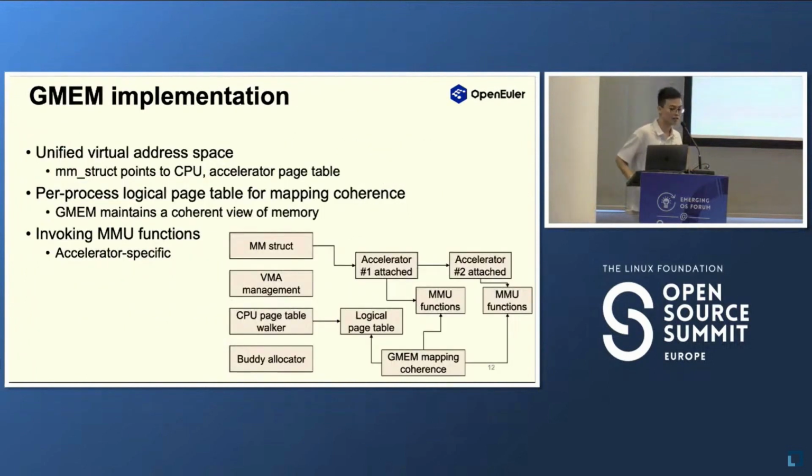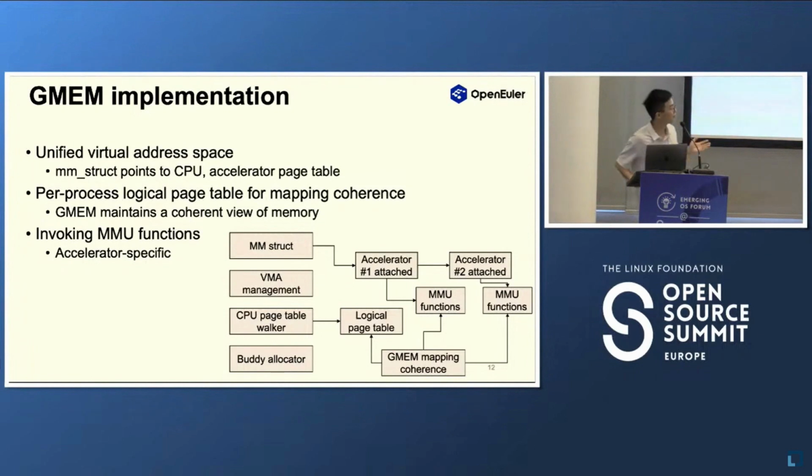And now we can take a look at GMEM's implementation. We're just trying to give you an overview of this because we're not going to dig deeper. GMEM provides a unified virtual address space by changing the struct a little bit. We're adding a list inside the struct, which points to the address space in Linux. Now we have a pointer list that includes all the accelerators attached to this process that your applications may use.